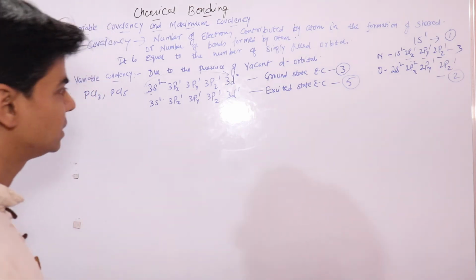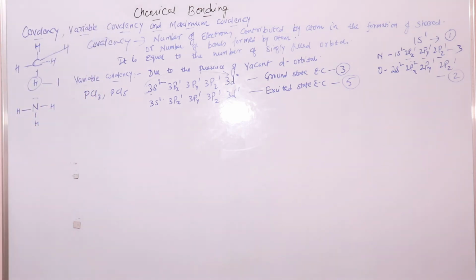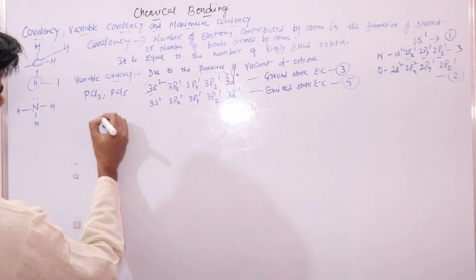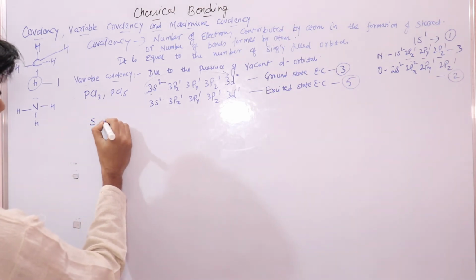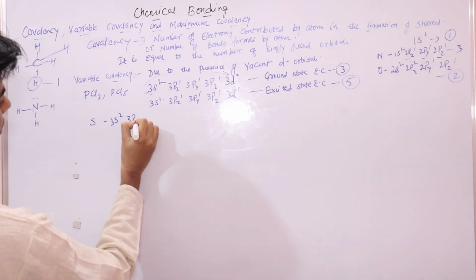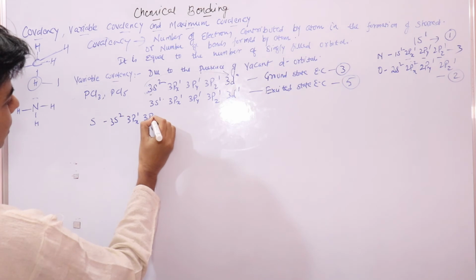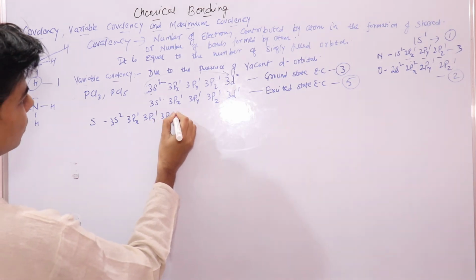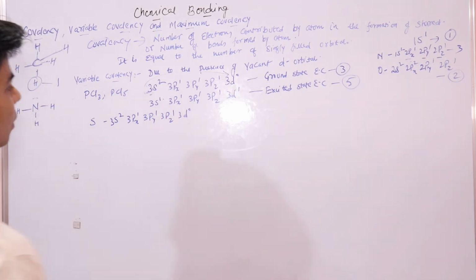Now let's take another example, right, to make things more clear. Let's take the example of sulfur, right? The ground state electronic configuration of sulfur atom, right? It's 3s2, 3px1, 3py1, 3pz1, 3d0.